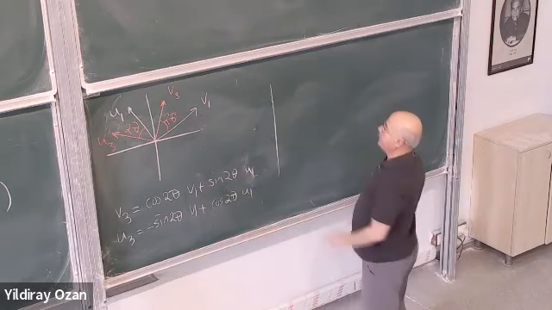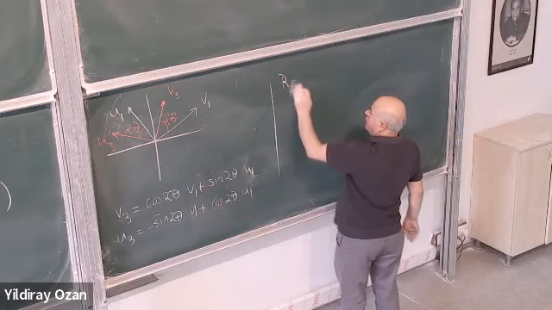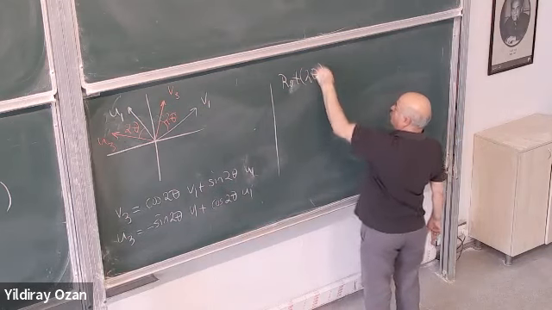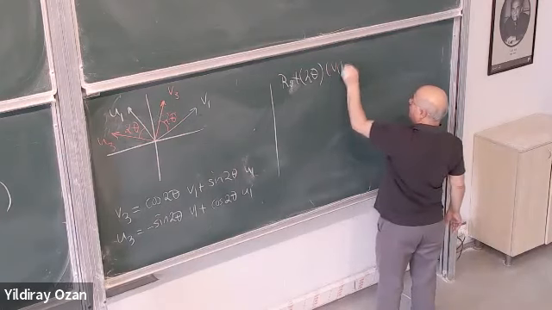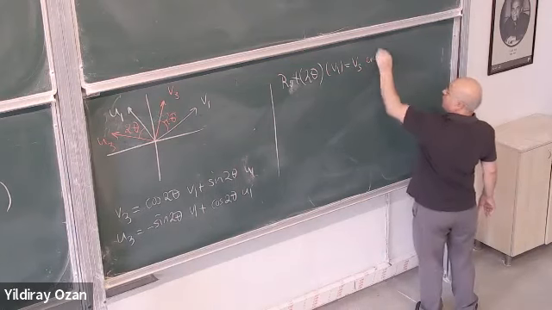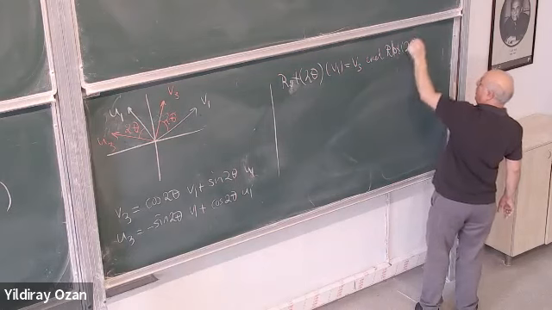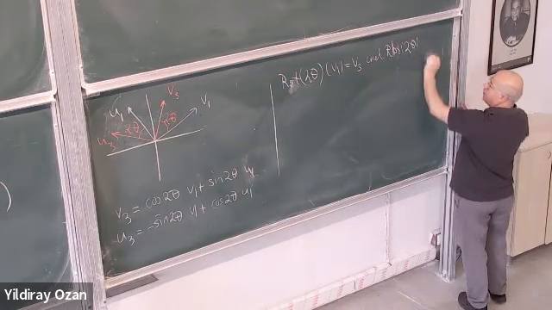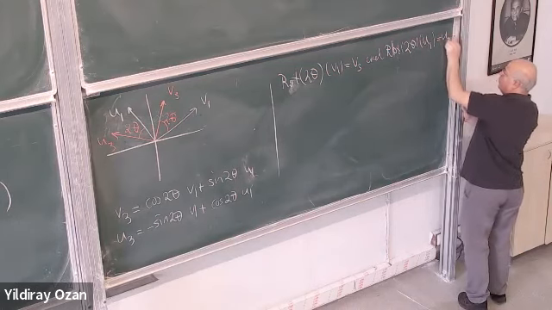Rotation by 2 theta sends V1 to V3, and rotation about the origin by 2 theta radian maps U1 to U3.